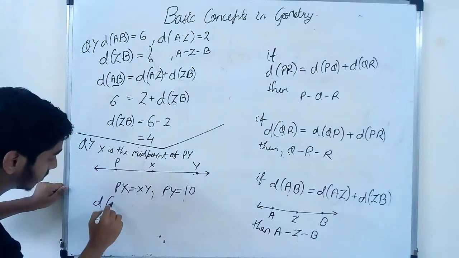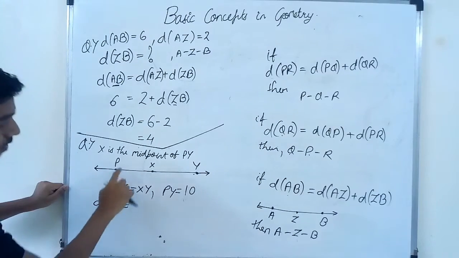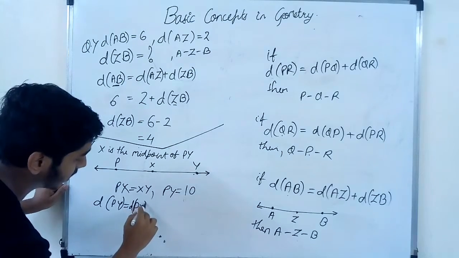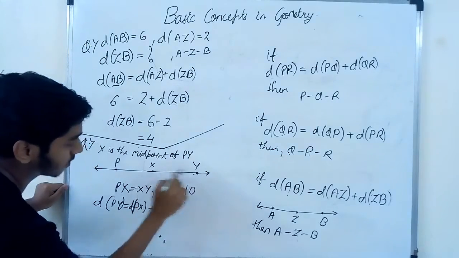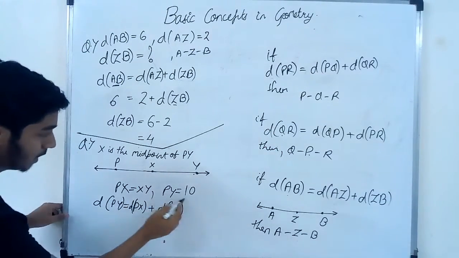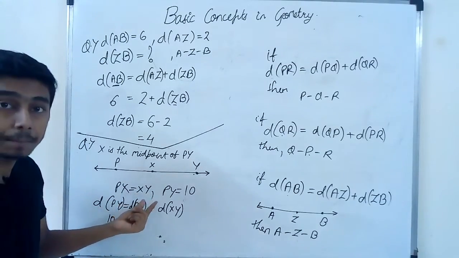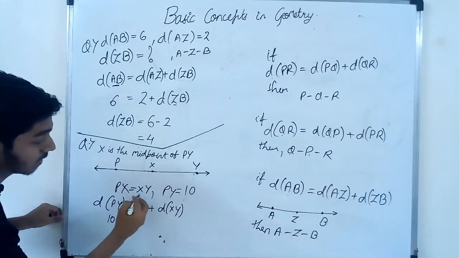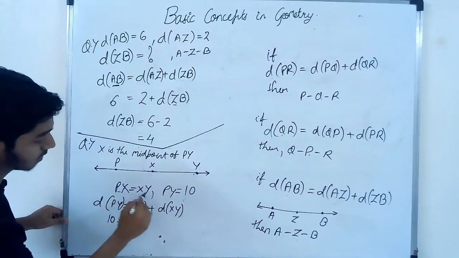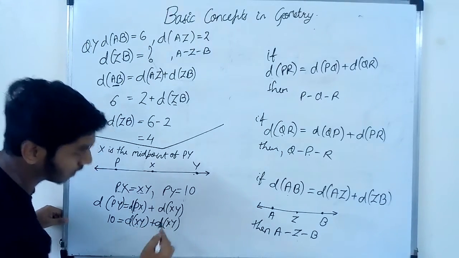Let's see. Distance Py is equal to distance Px plus distance xy. Now Py is 10 here, Px and xy, they both are same, so instead of Px I can say xy. So instead of Px I'll write xy here plus distance xy.